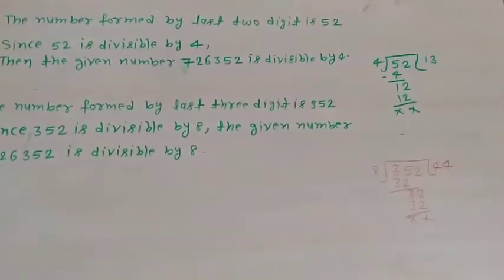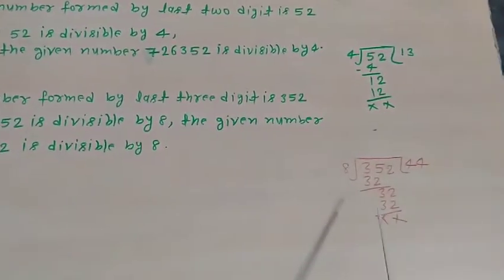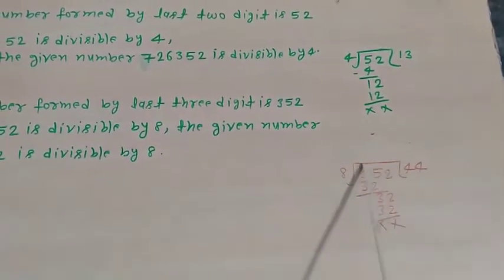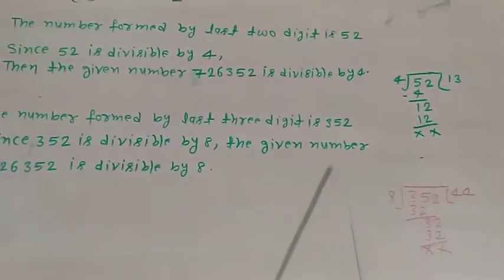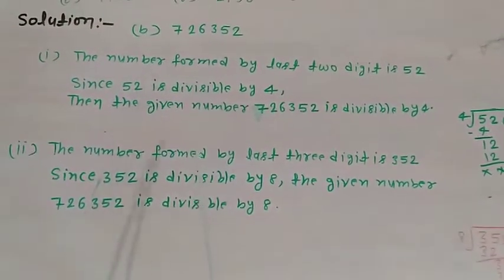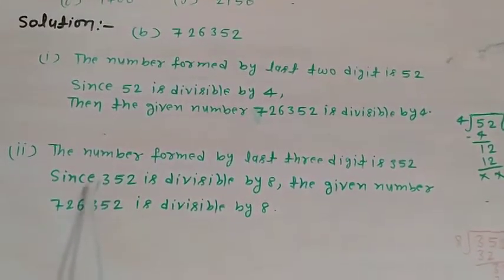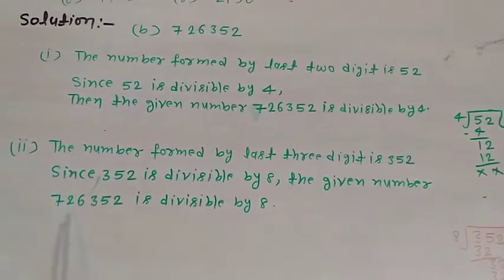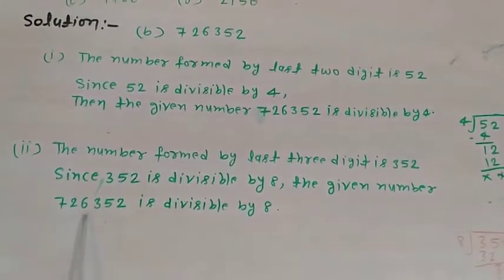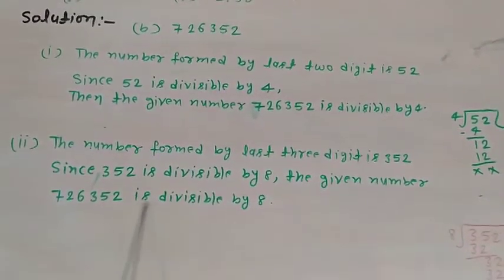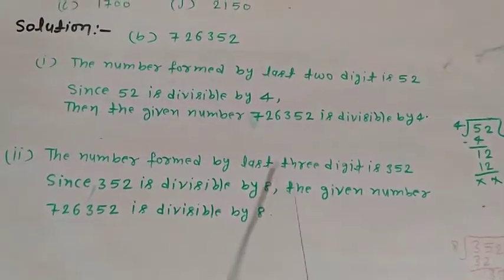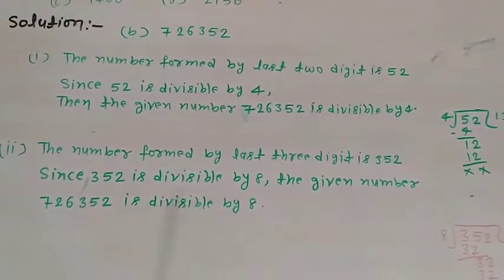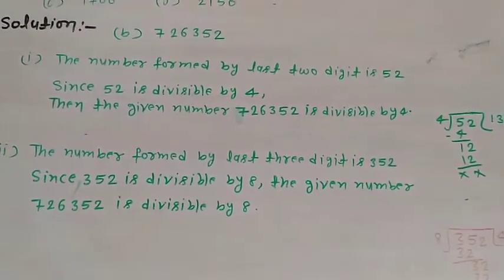So look here, we divide 352, and you can see 352 is divisible by 8. So since 352 is divisible by 8, the given number 7,26,352 is divisible by 8. In this way we see 7,26,352 is divisible by 4 and 8 also.